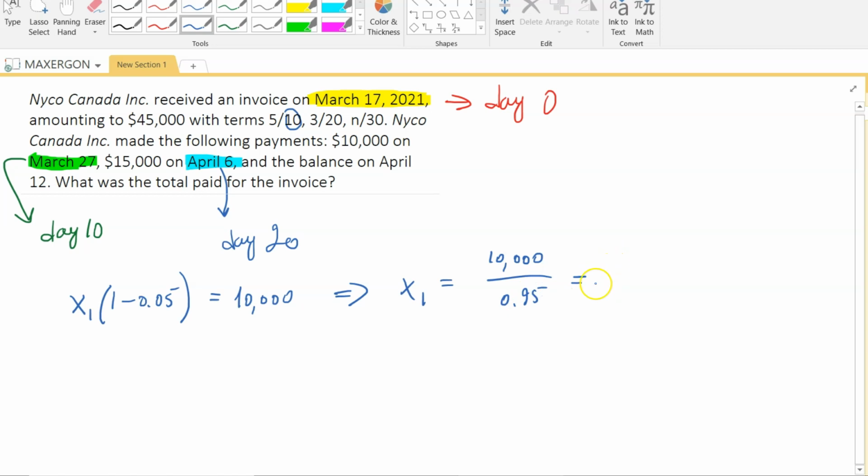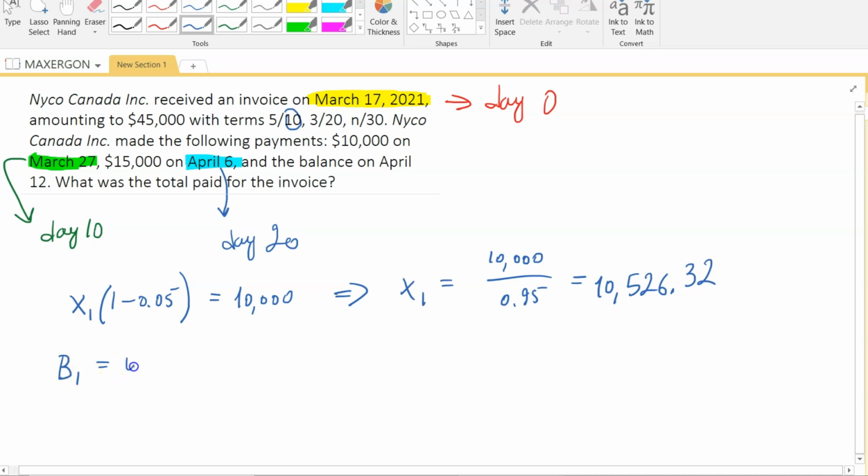which is $10,526.32. This means that by paying $10,000, the company now has paid out $10,526.32 of the invoice. Let's find the balance after the first partial payment. We'll call this balance B1.